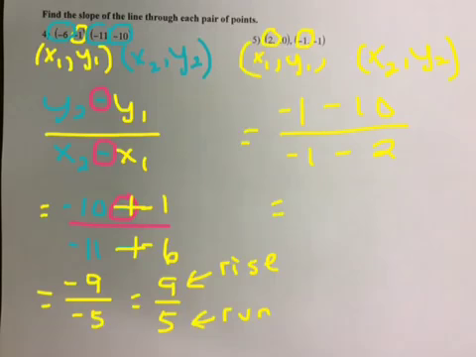Okay, negative 1 minus 10 is negative 11. Negative 1 minus 2 is negative 3. I ended up with a negative over a negative again, which is just a positive, 11 over 3. So now I know that the slope of this line is 11 over 3, which is positive.